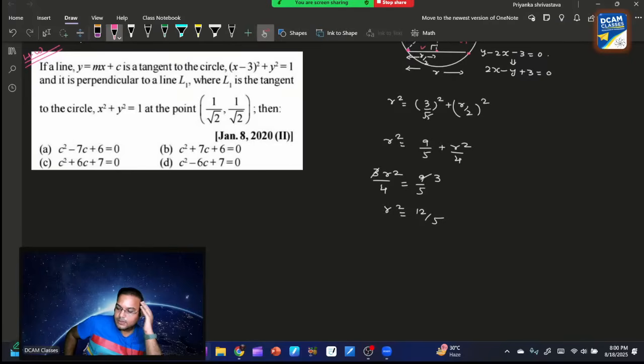y is equal to mx plus c is a tangent to the circle and it is perpendicular to the line L1, where L1 is a tangent to the circle at the point.